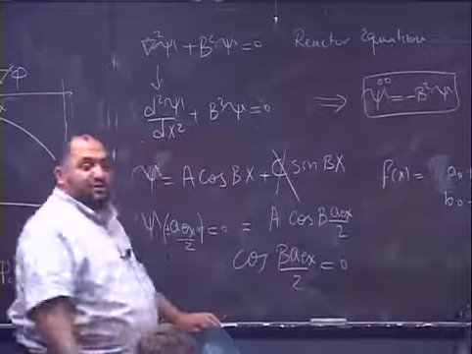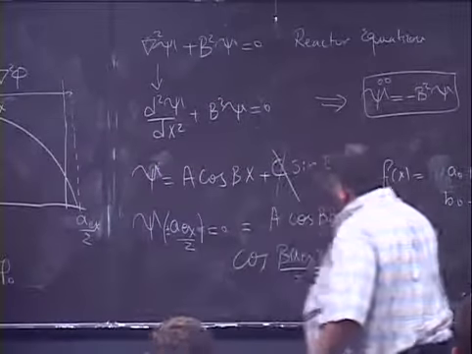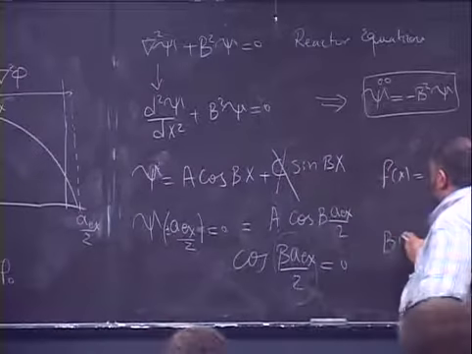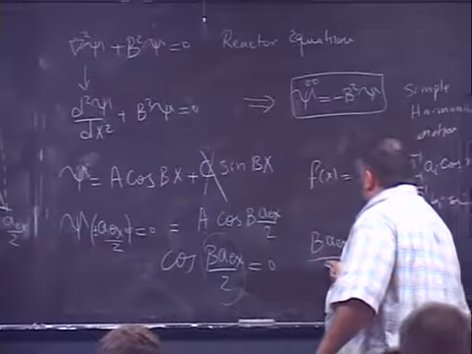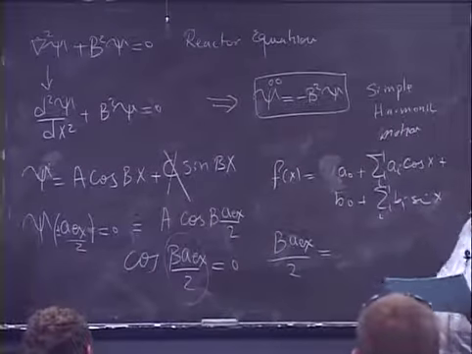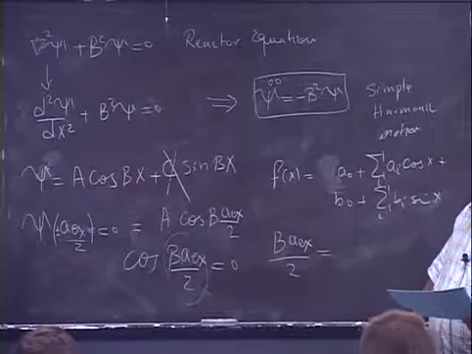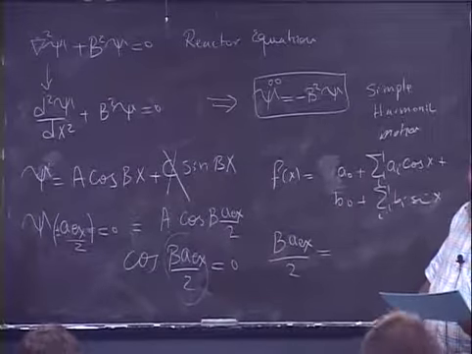And when will the cosine be equal to 0? When this term here, B A extrapolated over 2, is equal to multiples of pi over 2. But not a whole multiple, it's an odd multiple.